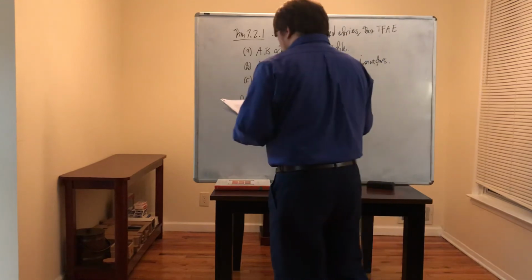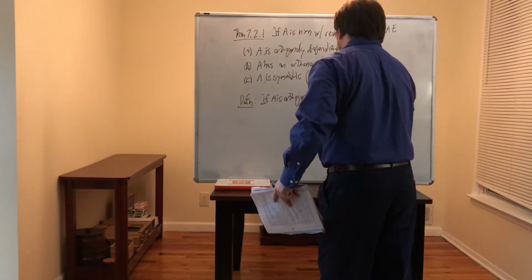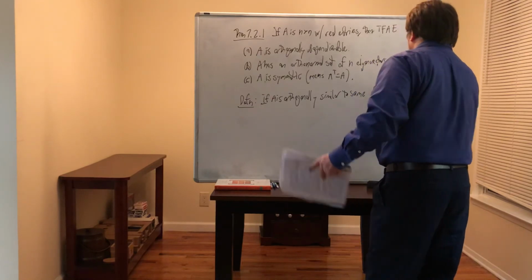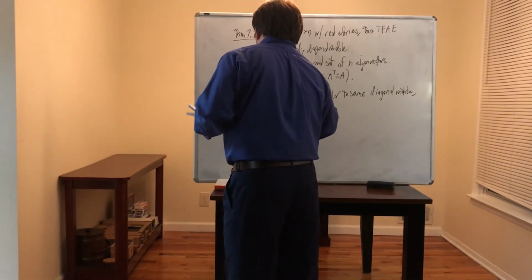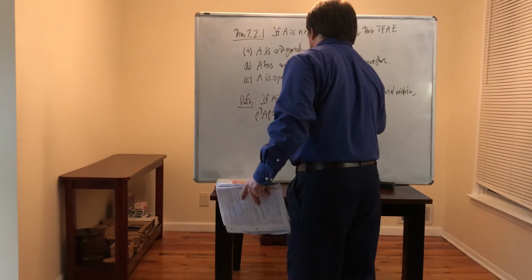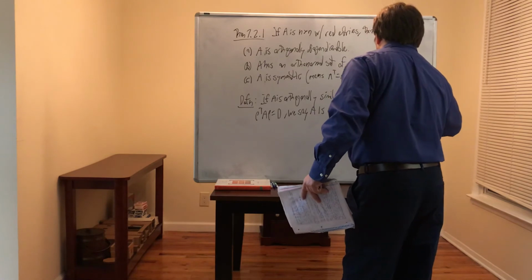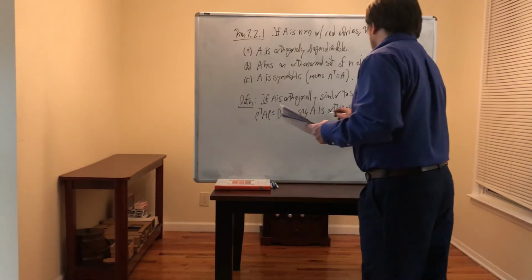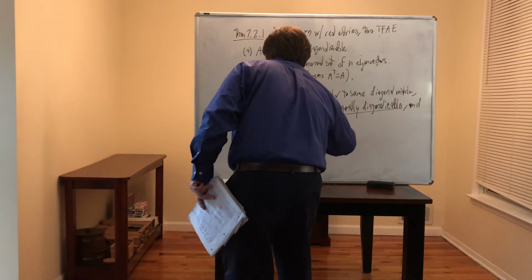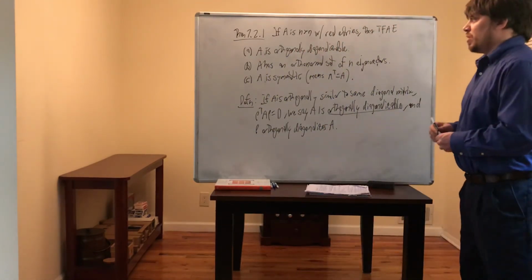The definition here is if A is orthogonally similar to some diagonal matrix, P transpose AP is equal to D, where D is the diagonal matrix, we say A is orthogonally diagonalizable, and P orthogonally diagonalizes A. So that explains statement A, the definition of an orthogonally diagonalizable matrix.